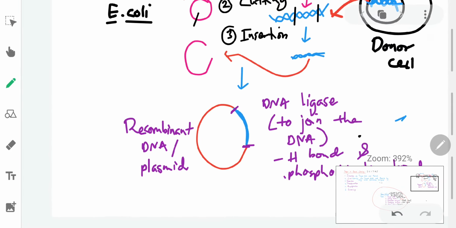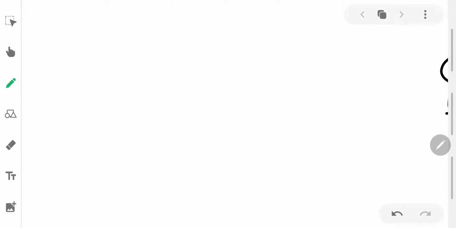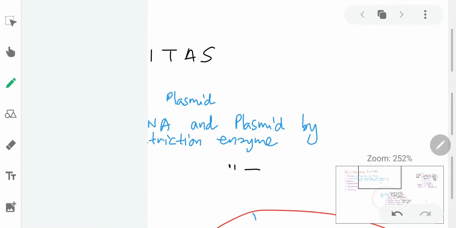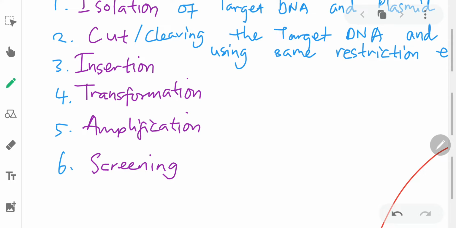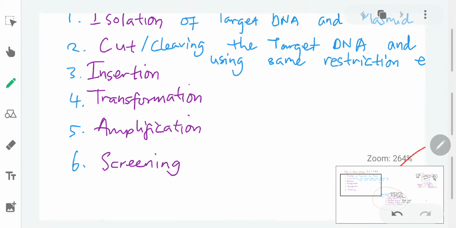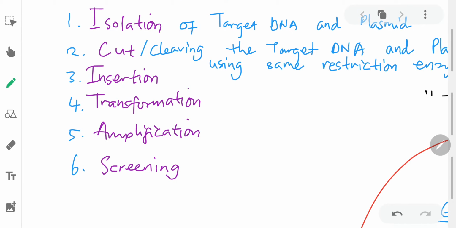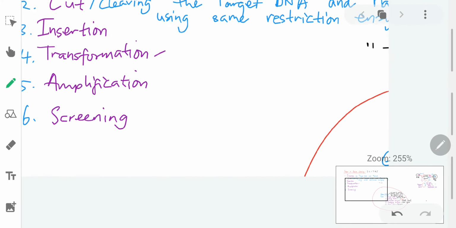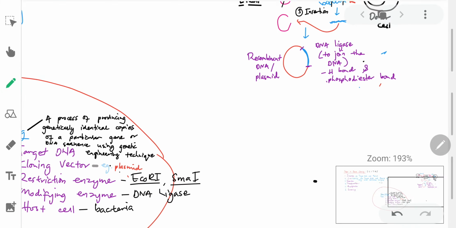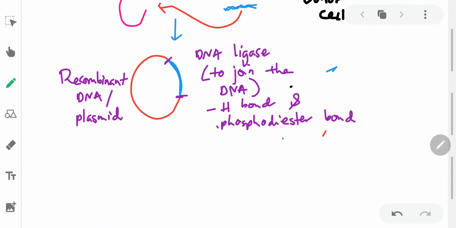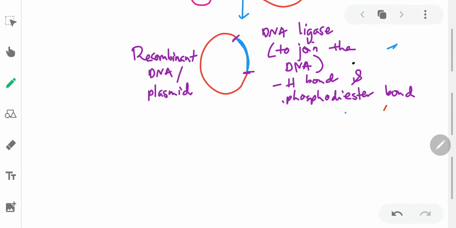Now, step number 4 is transformation. What happened during this step?